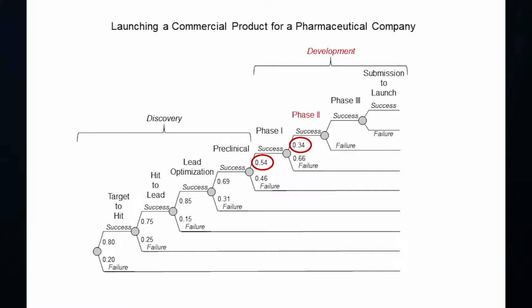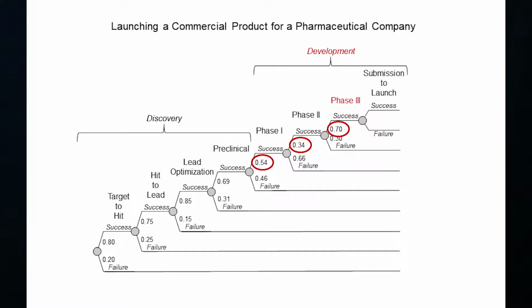Phase 2 clinical studies focus on small-scale trials to evaluate a drug's preliminary efficacy and side effect profile in 100 to 250 patients. Additional safety and clinical pharmacology studies are also included in this stage. Phase 3 studies focus on large-scale clinical trials for safety and efficacy in large patient populations.